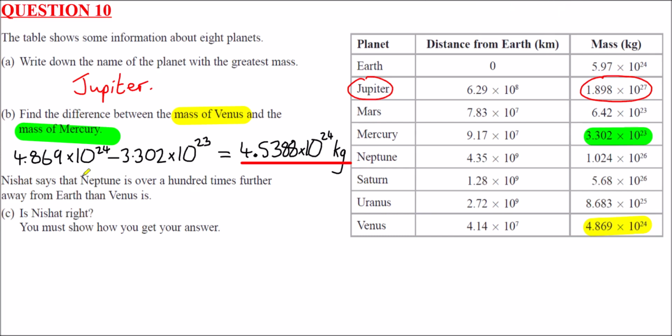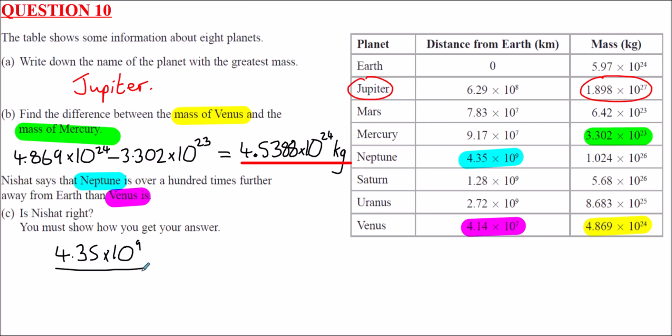So here she's saying about the distance of Neptune. Neptune's distance is this, and she's saying that this is over 100 times further away from Earth than Venus is. The distance of Venus from Earth is 4.14 times 10 to the 7. So how many times greater Neptune is away? We can do 4.35 times 10 to the 9 divided by 4.14 times 10 to the 7.